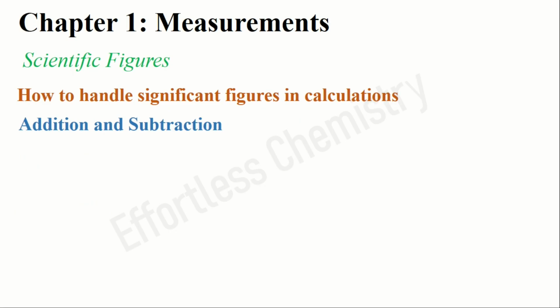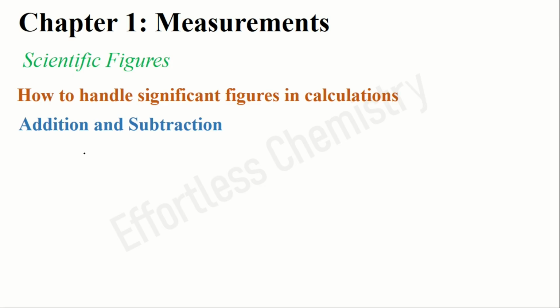Here we have some rules for calculation. How to handle significant figures in calculation. For the case of addition and subtraction, the answer can't have more digits to the right of the decimal point than either of the original numbers. For example, you want to do a calculation for an addition.